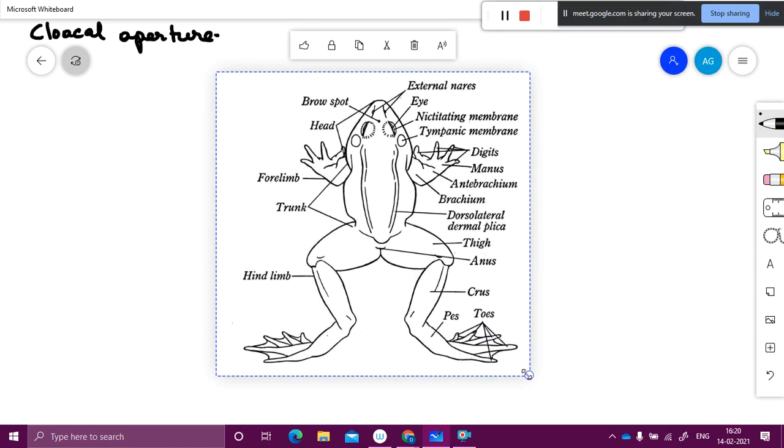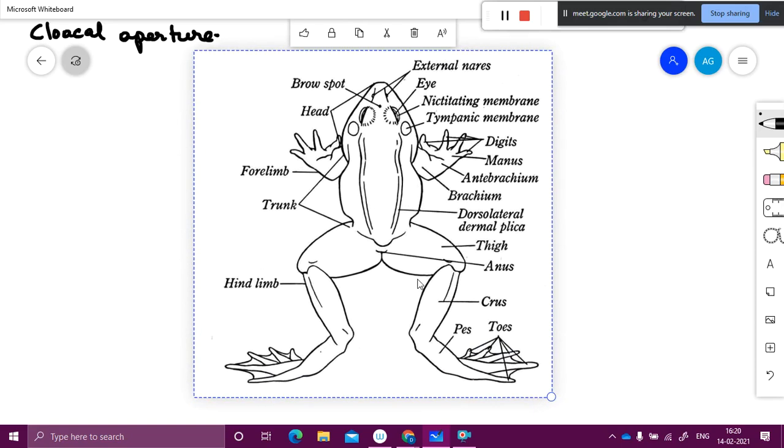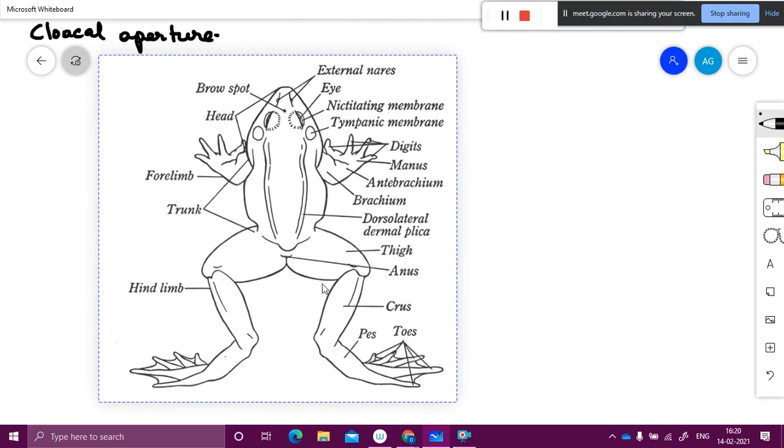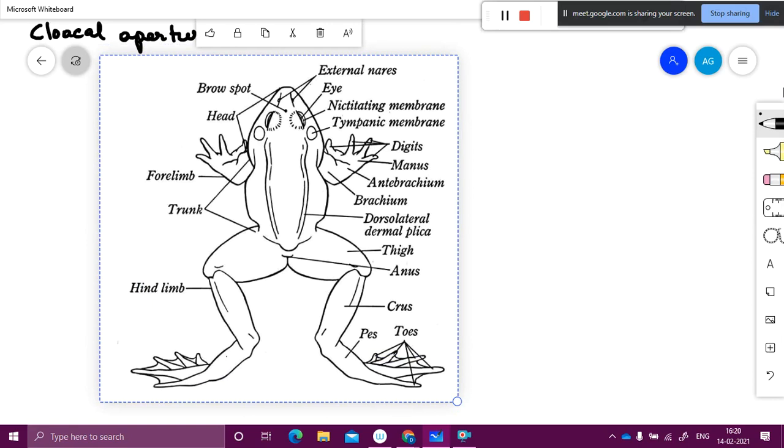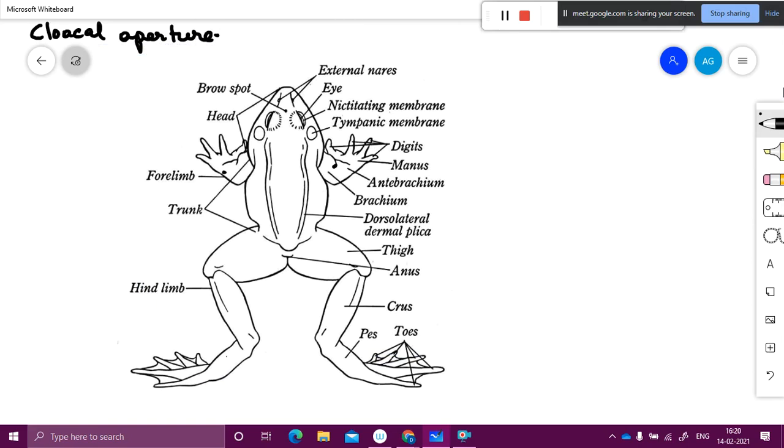I have taken a picture of an amphibian from the internet. As you can see, they have got four limbs, 2 forelimbs and 2 hind limbs.